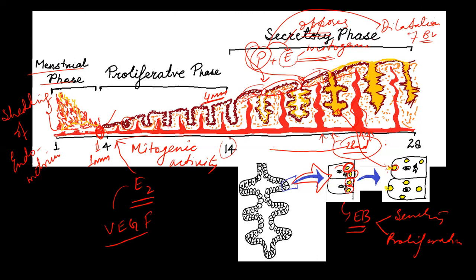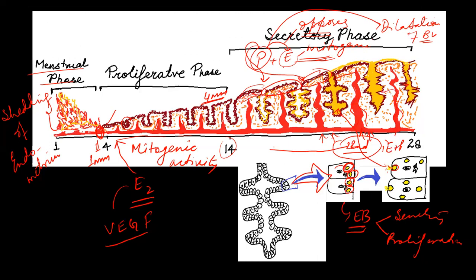Later on, the corpus luteum starts degenerating, and there will be a decrease in the hormone level. So estrogen as well as progesterone both will come down. So ultimately this blood supply is reduced, as there is no more dilatation of the blood vessels.